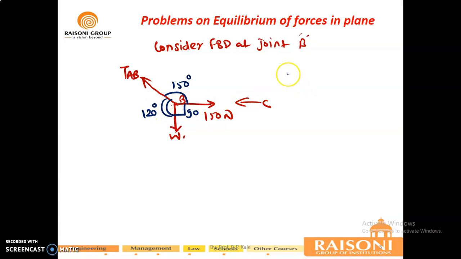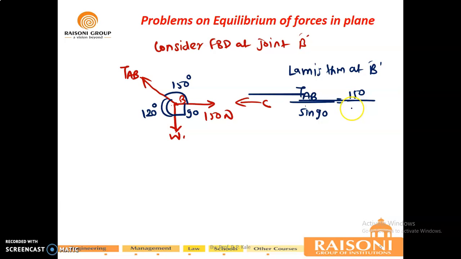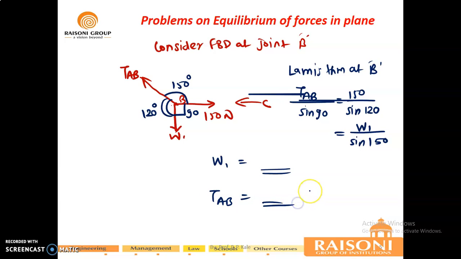So from here, applying Lami's theorem at B, you will get TAB upon sine of 90 equal to 150 upon sine of 120 equal to W1 upon sine of 150. So from here you will get W1 and TAB. Okay, please calculate by comparing these two as our previous.